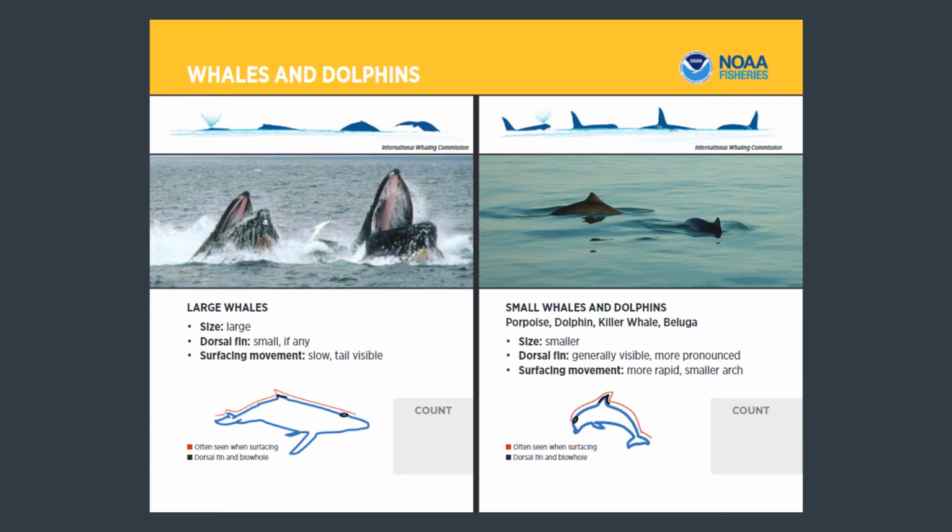The last two groups of marine mammals that the aid can help you identify are large whales and small whales, including dolphins. In addition to the size of the animal, the appearance of the dorsal fin and the animal's movement through the water can help you identify it.